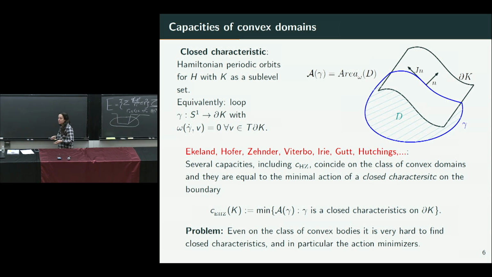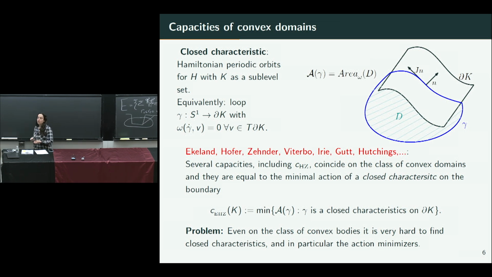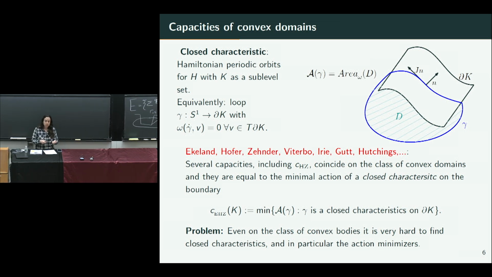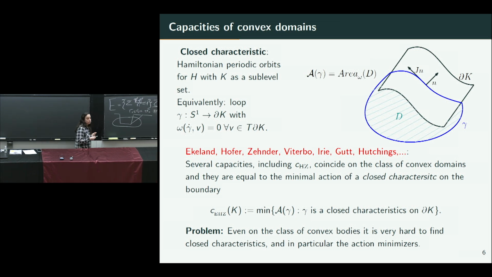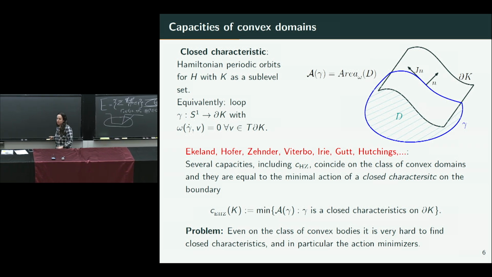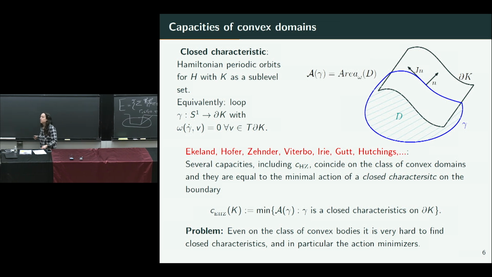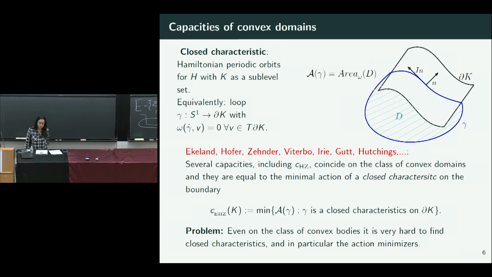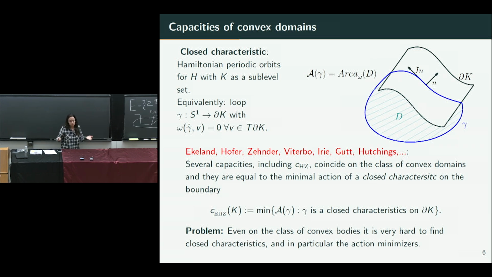But for our purpose, it would be enough to know that for convex domains, there always exists at least one closed Hamiltonian periodic orbit. That was shown at the end of the 70s separately by Clarke, Rabinowitz, and Weinstein. And this means that this quantity is well defined because there's always at least one, so we can look at the minimum over all closed characteristics.